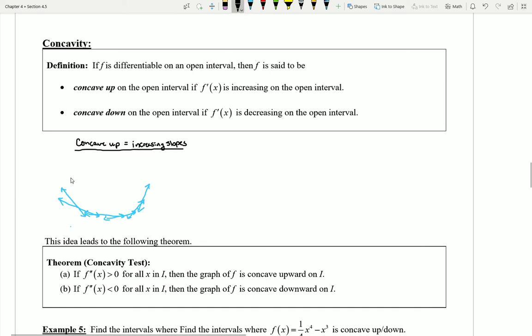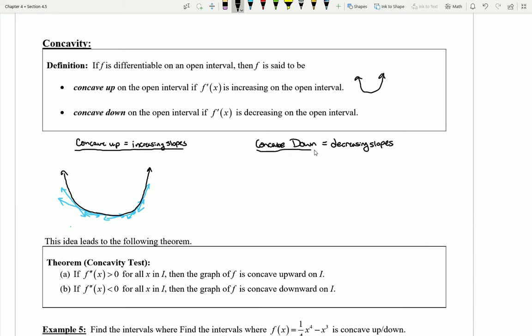But then if I was to try to sketch a graph that might fit this particular shape, notice that I have a graph that's angled in this direction. And this is the direction of a curve that is concave up. In the same way, I could see that if I had a graph that was concave down, that again would correspond to decreasing slopes of my tangent lines.